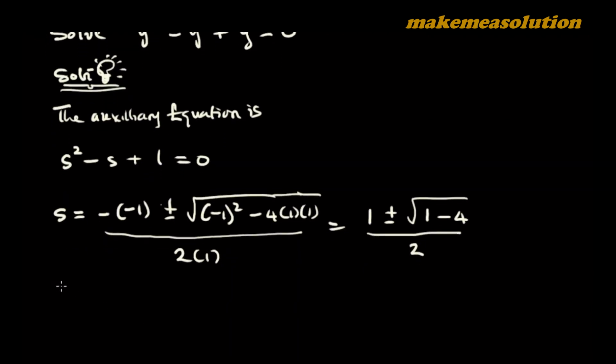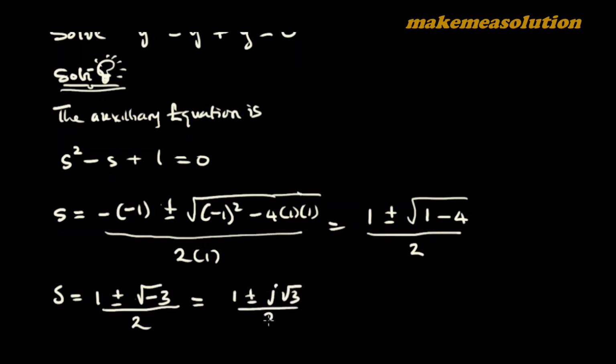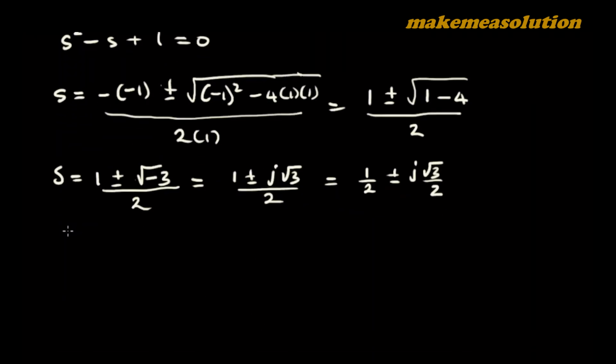So s is equal to 1 plus or minus the square root of negative 3 all over 2, which is 1 over 2 plus or minus j root 3 over 2. So we have our characteristic equation yielding a complex root in this form.